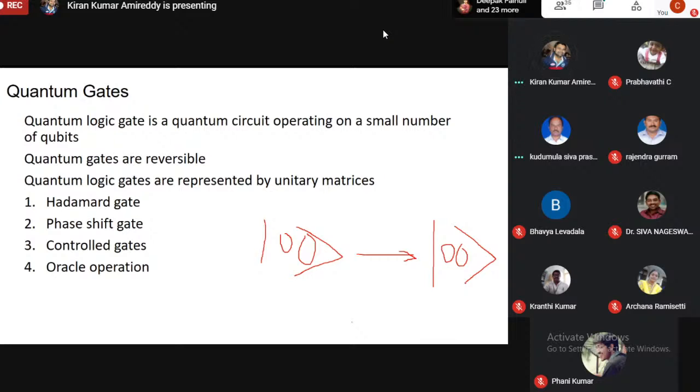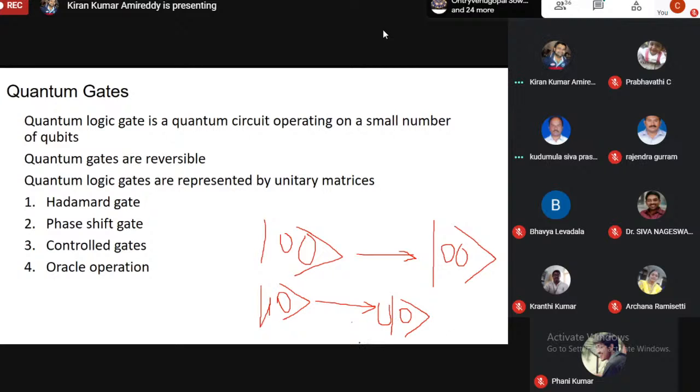Then, when we are performing this controlled gate with 1 0, it will take the second digit or the second qubit like this.